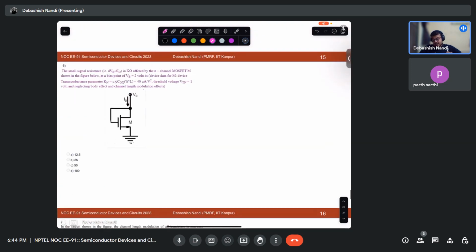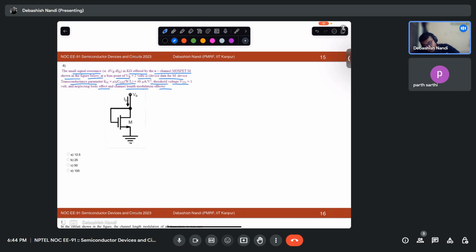So let's discuss this. The small signal resistance, in kilo ohm, of an N channel MOSFET shown in the figure below, at a bias point, with this transconductance. Ignore the channel length modulation effect.